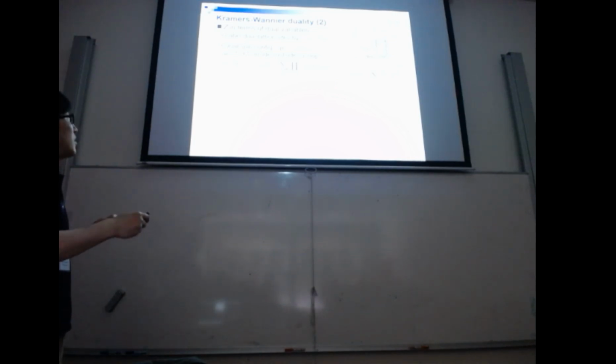And if you plug this in here, then you get this expression for the partition function. And this k tilde is related to the original k via this relation. But if you ignore this prefactor, this partition function looks almost the same as the partition function of the original one.